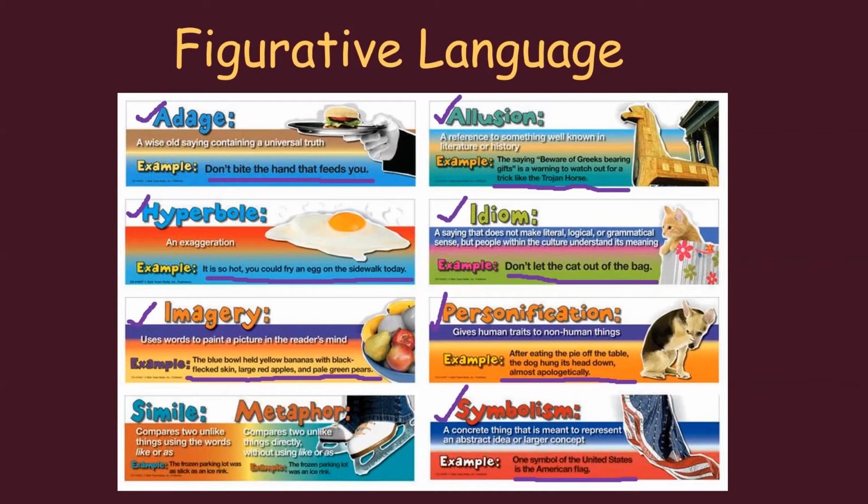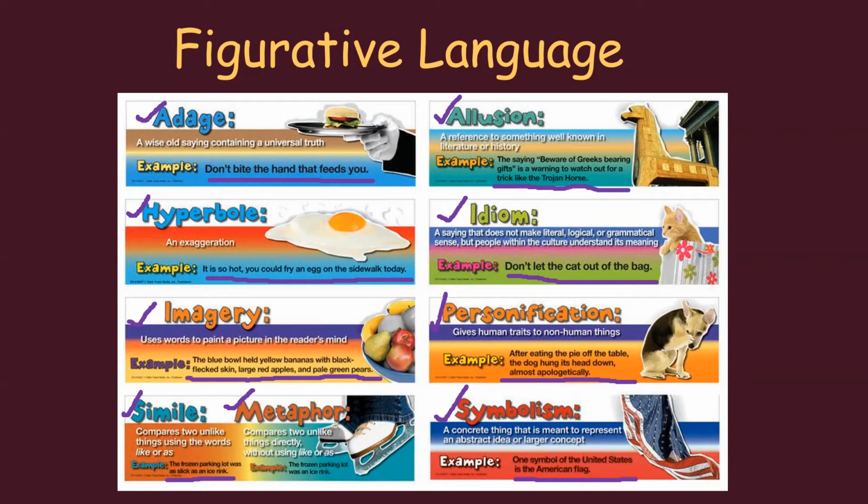So going back over here, the two most common ones that we have are similes and metaphors, okay? These are very common, and of course we may already know these, that a simile compares two unlike things using like or as. The example that we have here is the frozen parking lot was as slick as an ice rink.